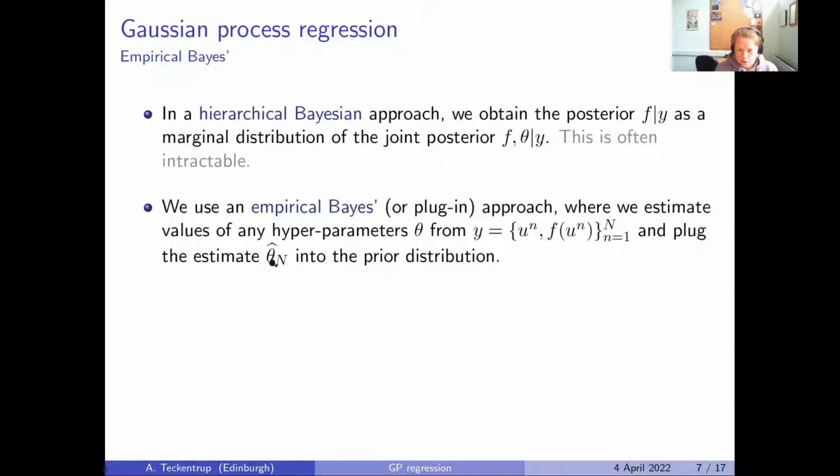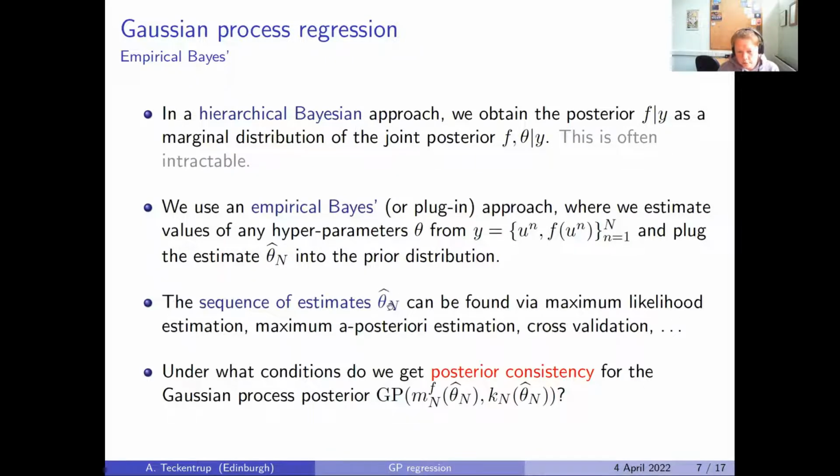Then you pretend that that is the true or correct value for the hyperparameters. You plug that into your covariance kernel, into your prior, and then you just do the standard prior to posterior update. So it's plug-in in the sense that you compute an estimate for the hyperparameters, pretend that that is the correct value, and then do the standard prior to posterior update.